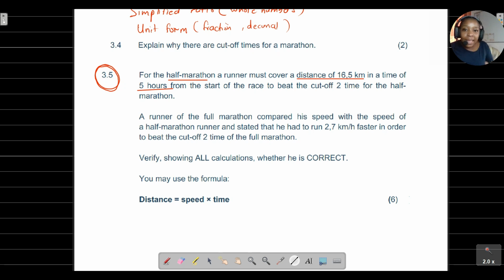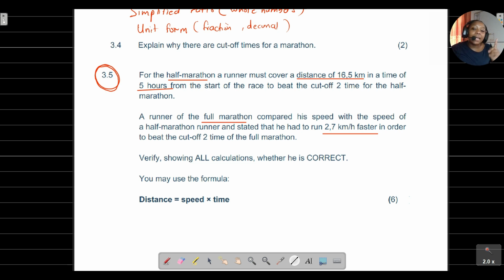Then they're telling us that the runner of the full marathon compared his speed with the speed of a half marathon runner and stated that he had to run 2.7 kilometers faster in order to beat the cut-off time of the full marathon. So this runner is stating that he needs to run at a speed 2.7 kilometers per hour faster than the speed of the half marathon runner.